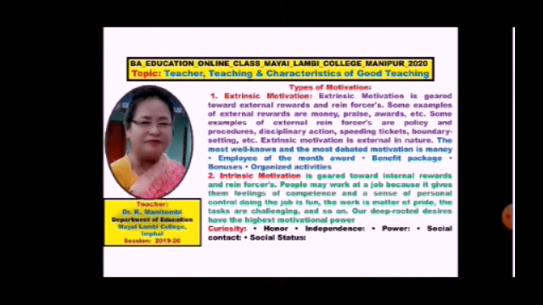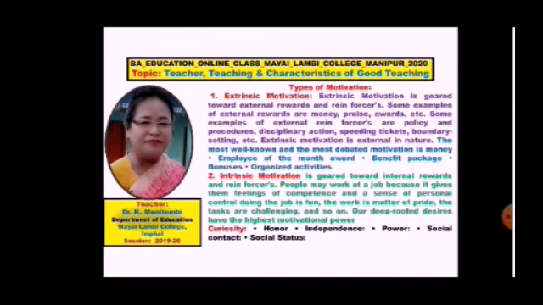The types of motivation are extrinsic motivation and intrinsic motivation. Extrinsic motivation is geared towards external reinforcers. Some examples of external rewards are money, praise and awards, etc. Some examples of external reinforcers are policy and procedure, disciplinary action, and a speeding ticket.